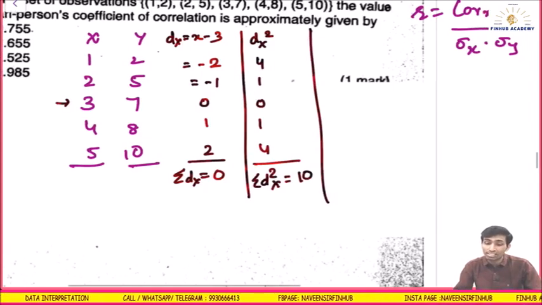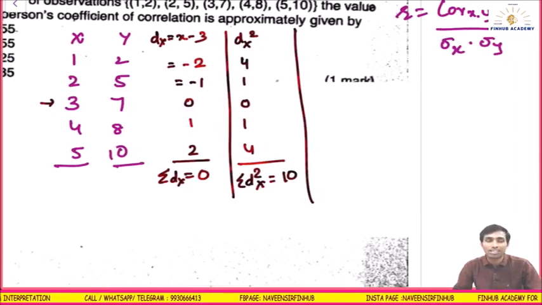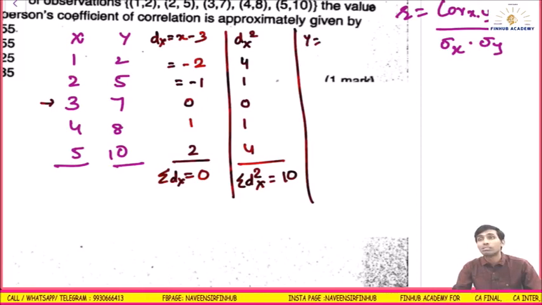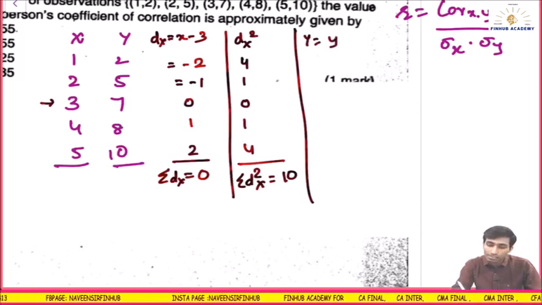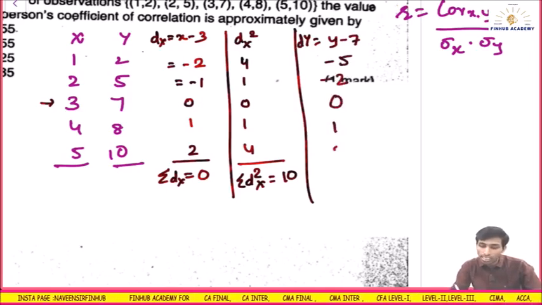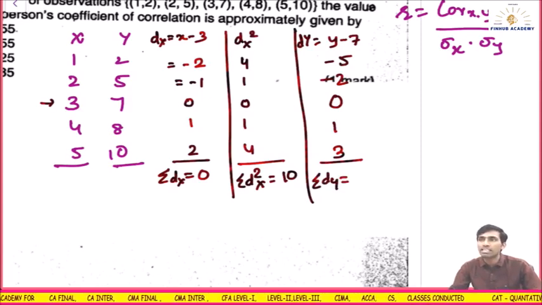Now you should think whether to do this sum or not. Okay, it absolutely depends on you. For y, take any number as the mean. Let's say the middle number among 2, 5, 7, 8, 10. I can take 7. So dy is equal to y minus 7. Okay, so 2 minus 7 is minus 5, 5 minus 7 is minus 2, 7 minus 7 is 0, then 1 and 3. So the total is summation dy is equal to, 4 minus 7, I think it will be minus 3.